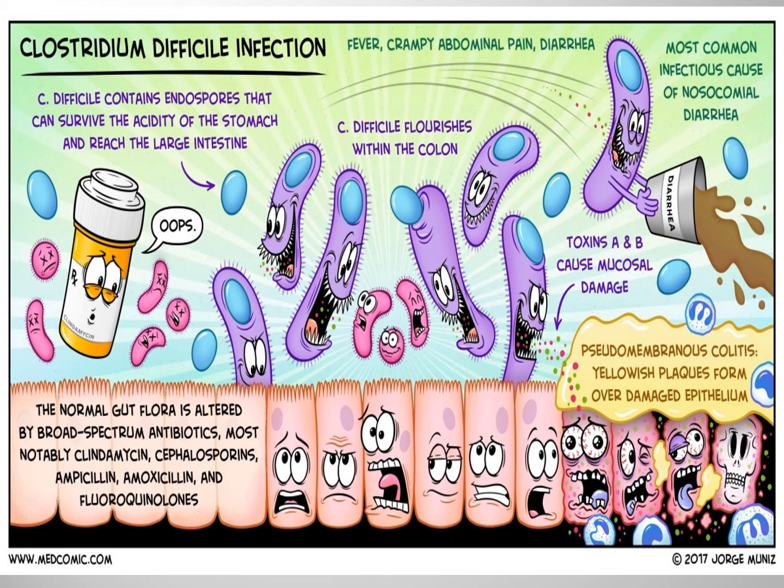Definitely the most notorious one is clindamycin. Even just hearing the word clindamycin makes me think of Clostridium difficile superinfection because it's very common with that antibiotic. When I'm prescribing, I'm very hesitant to prescribe clindamycin because it's the most common antibiotic that can lead to Clostridium difficile. Other antibiotics can do it for sure, but it's definitely number one.